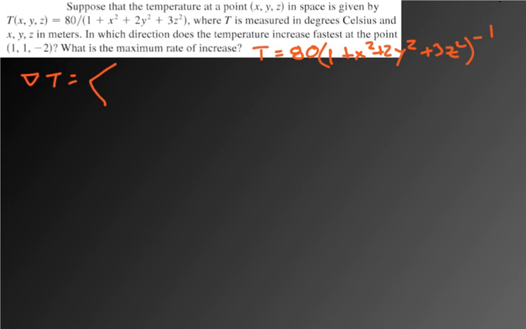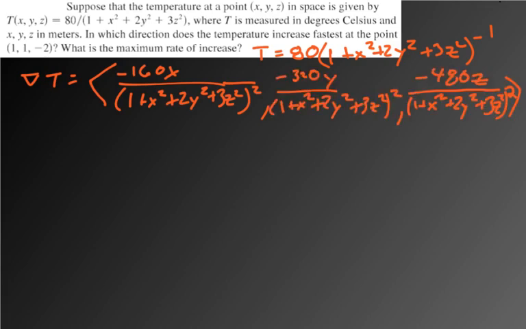So you'll get -160x over (1 plus x squared plus 2y squared plus 3z squared) all squared, because that's 2x times 80 on the top, and the negative comes from bringing the power down. I'm just going to write out the other ones now quickly.